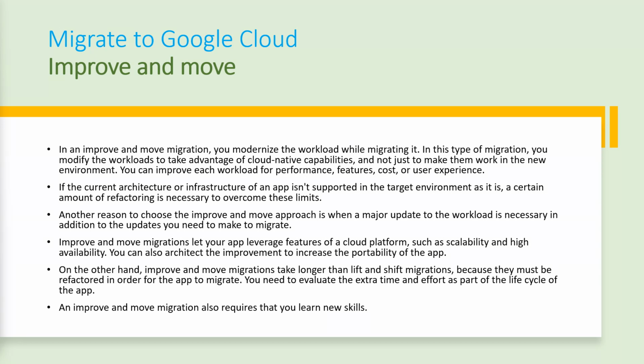Improve and move migration lets your app leverage features of the cloud platform such as scalability and high availability. For example, if you have a web server behind your on-prem load balancer, you can take that into the cloud and use the cloud native scale up or scale down opportunities. And there are a lot more cases where you do improve and move.